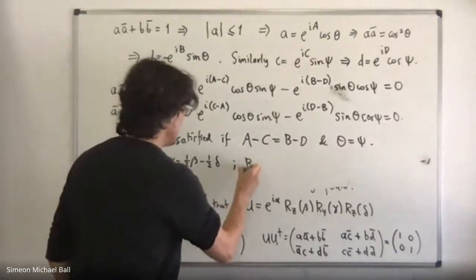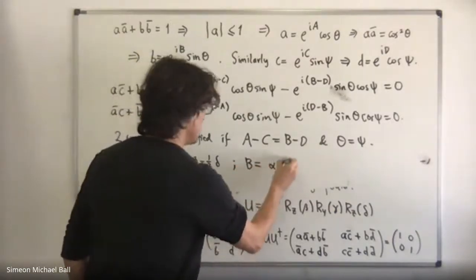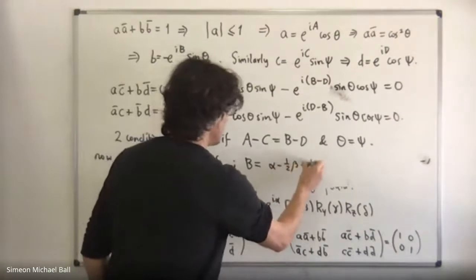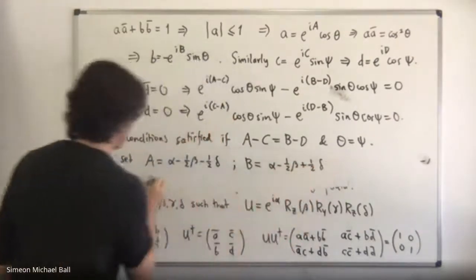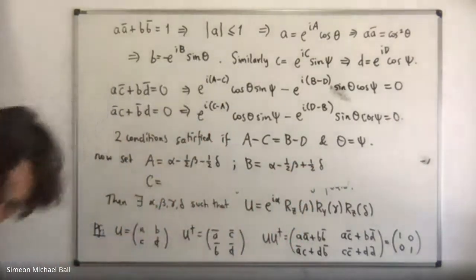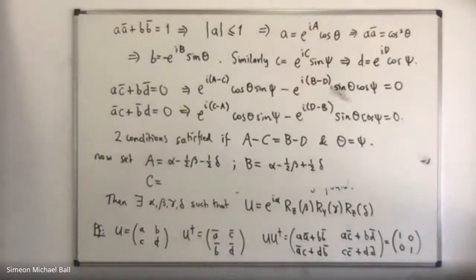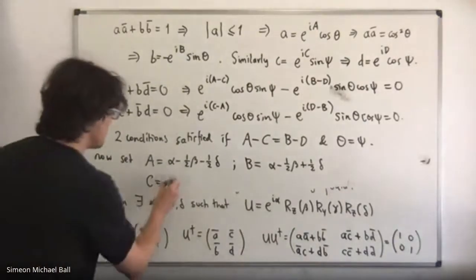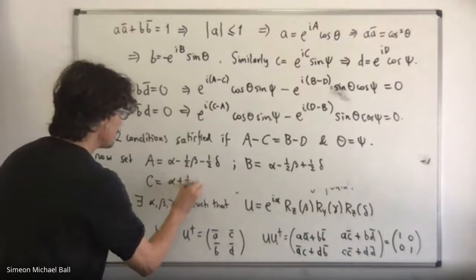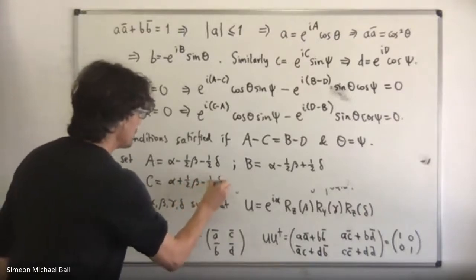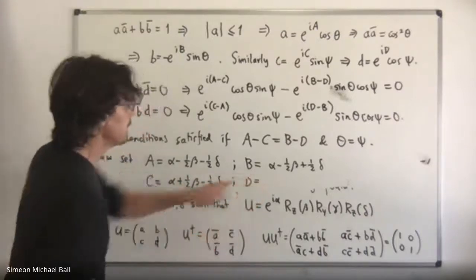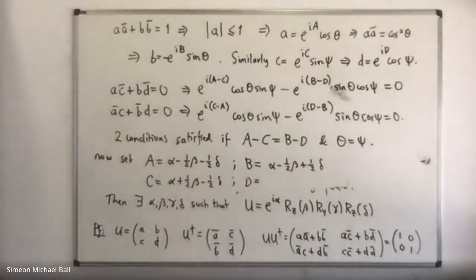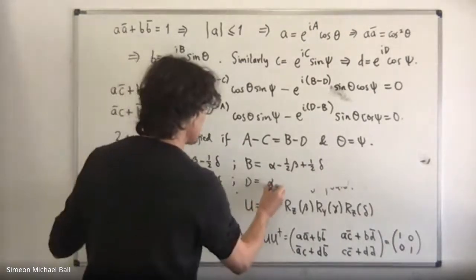B, C is going to be plus minus. And now D is fixed because it must satisfy this, and it must be fixed with plus plus.